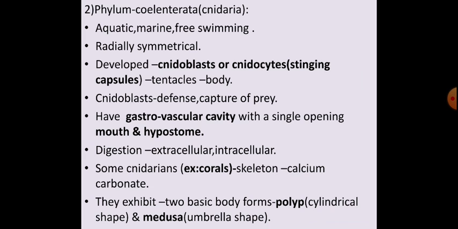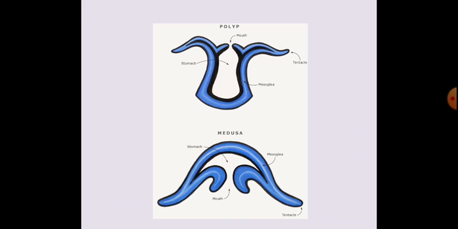The cnidarians have two basic body forms. One is called polyp. See, this is polyp, one body form. A cylindrical shaped structure is called a polyp. That means some organisms look like this, cylindrical shape, and another body form is called medusa.